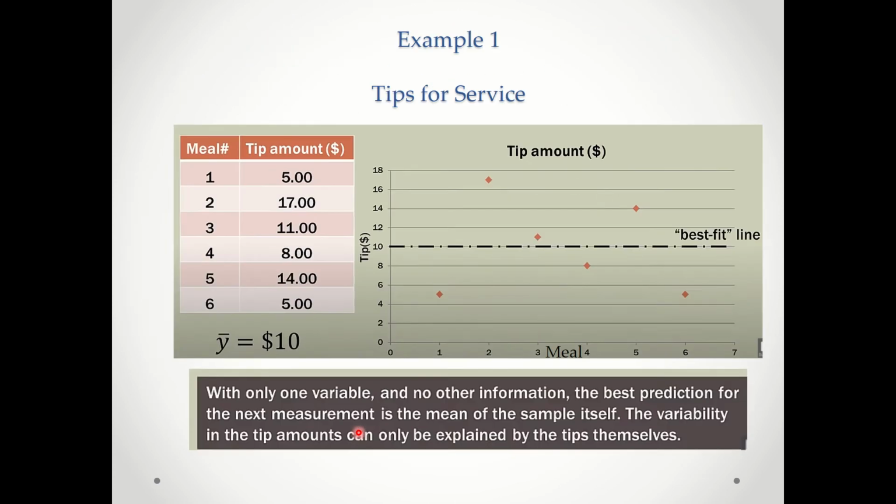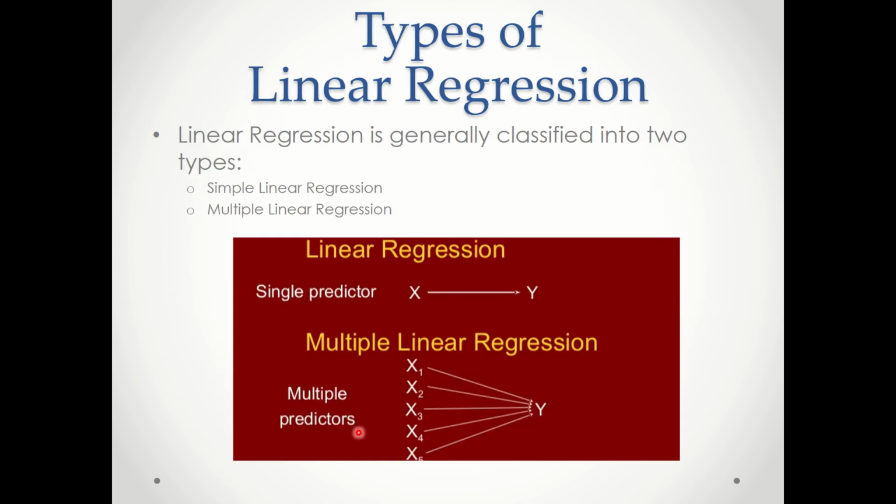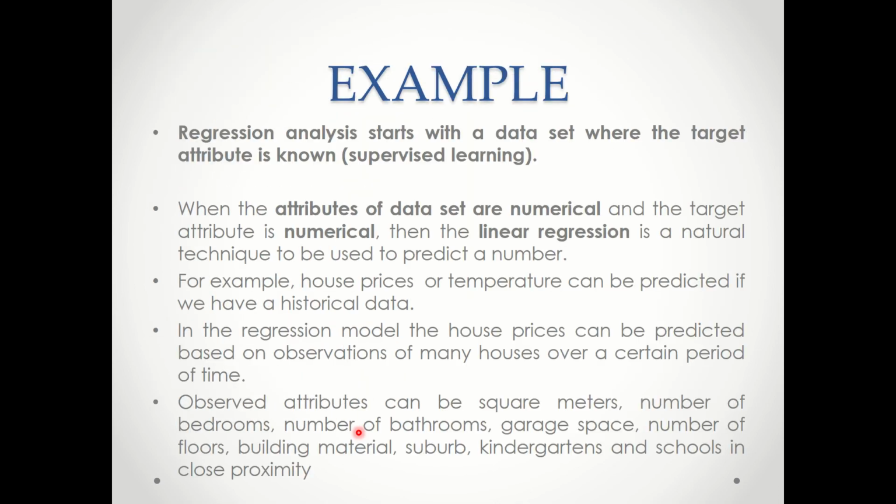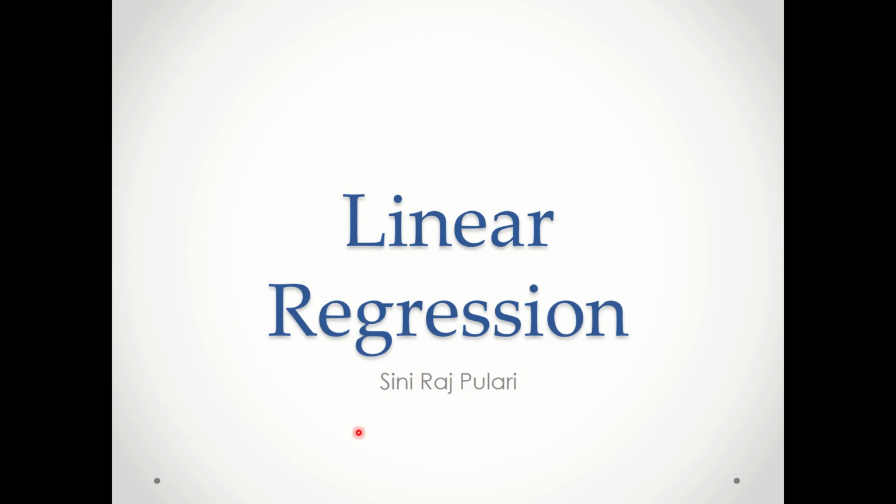So in linear regression, say you have a data set with a set of data points, and each data point has various attributes. Those attributes are basically the independent variables, and with the help of the independent variables you need to find the value of the target variable.